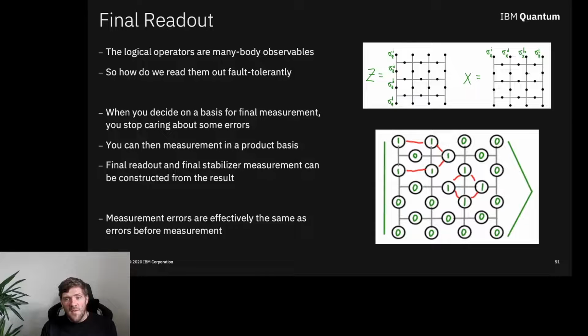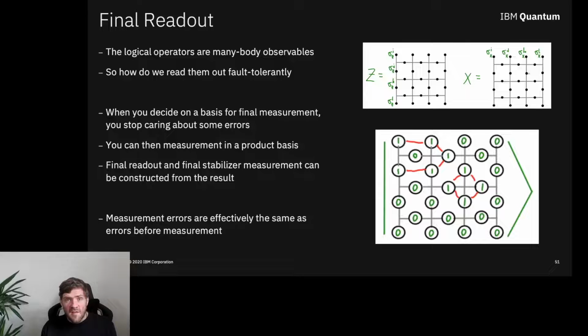You don't get any information about what's going on with the vertex stabilizers because you've made single qubit Z measurements, but you also don't care, because they commute with the observable that you're reading out. Any error that would be picked up there is an error composed of Z's, which commutes with it, so they wouldn't have any effect on the final readout anyway, and don't need to be detected or corrected at that point.